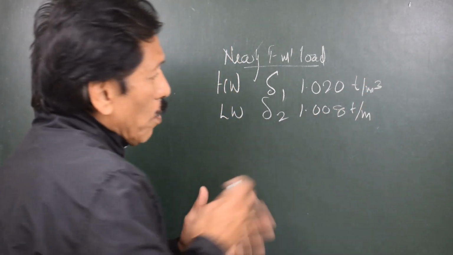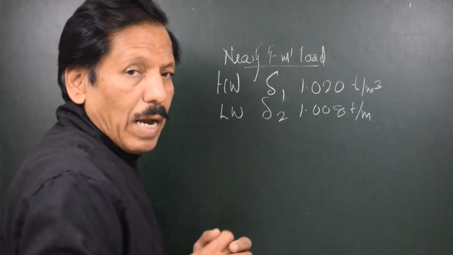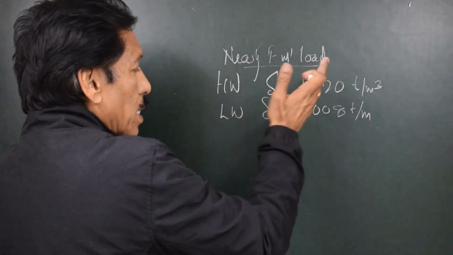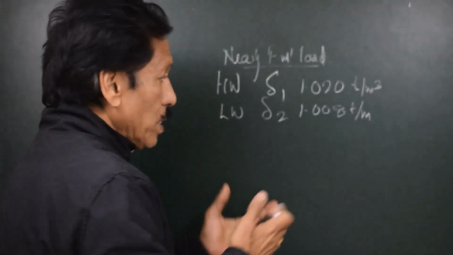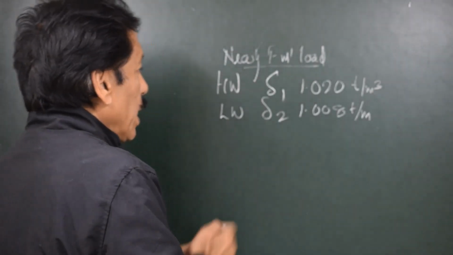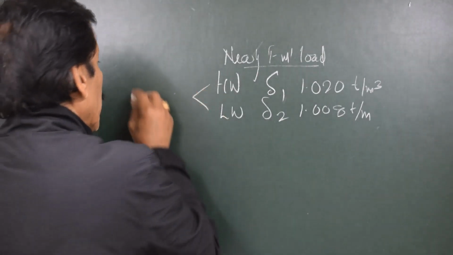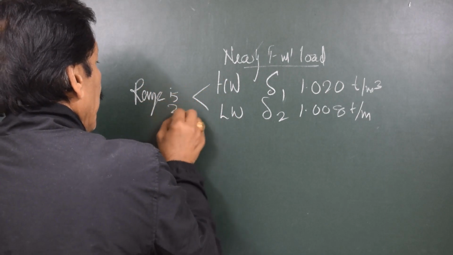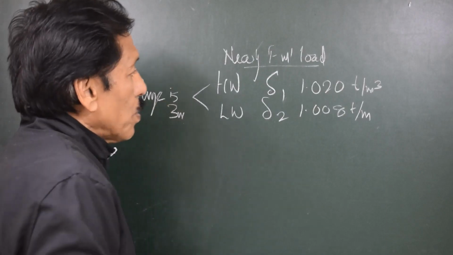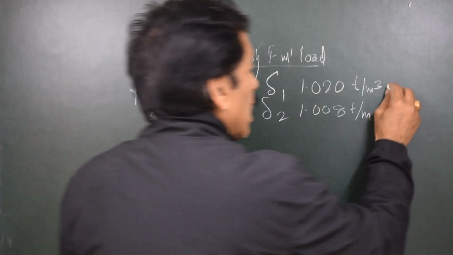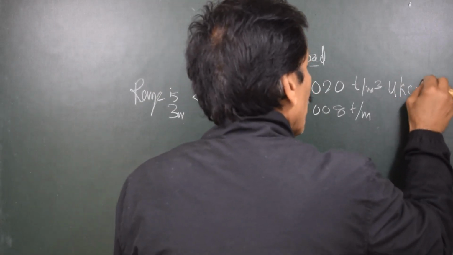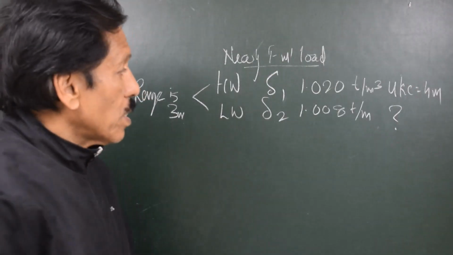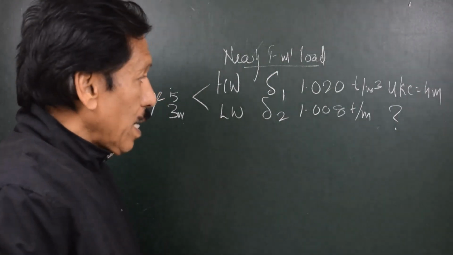Now in this change of density, it is as if the ship is going from a higher density to a lower density, which means the ship will sink. From high water to low water, the range of tide is 3 meters. So initial under keel clearance was 4 meters. You are expected to find out the new under keel clearance.